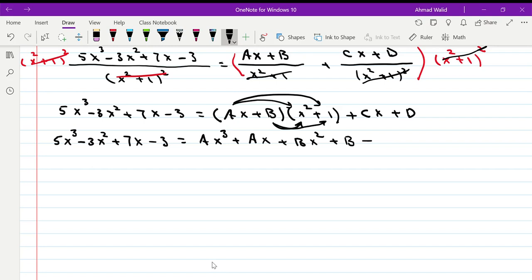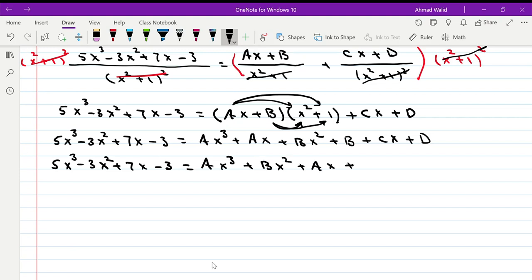Plus cx plus d. Now equate both sides, or first you can order it also in descending order, right? If you want to go step by step. 5x cubed minus 3x squared plus 7x minus 3 equals ax cubed plus bx squared plus ax plus cx plus b plus d.